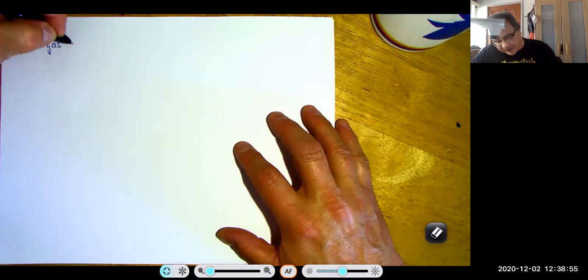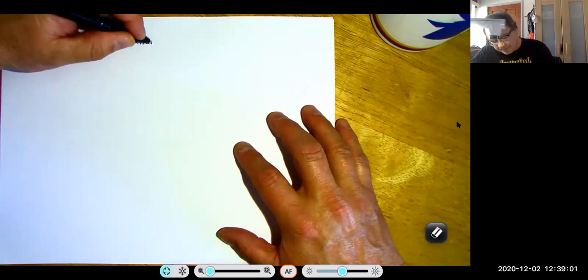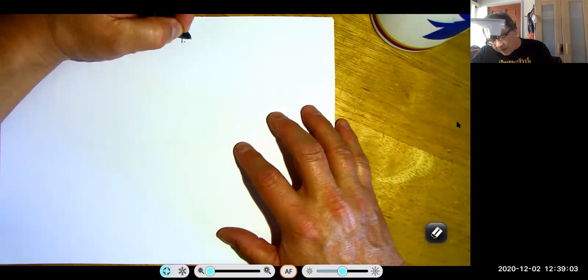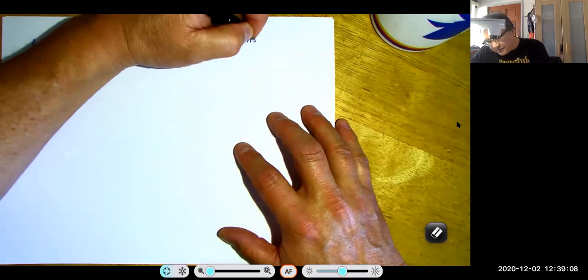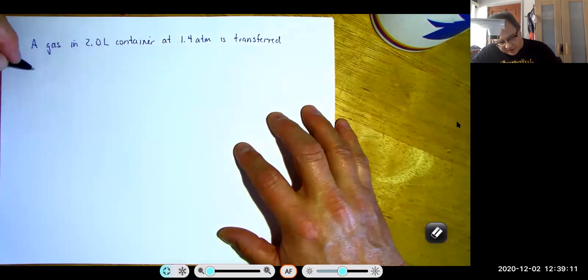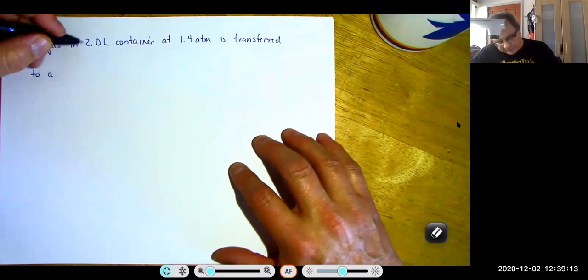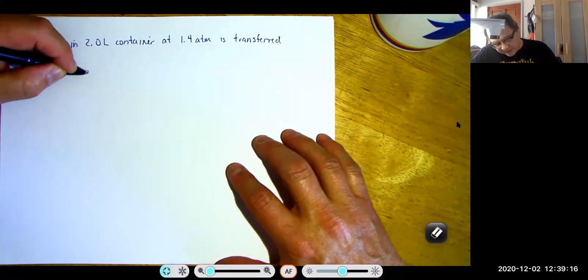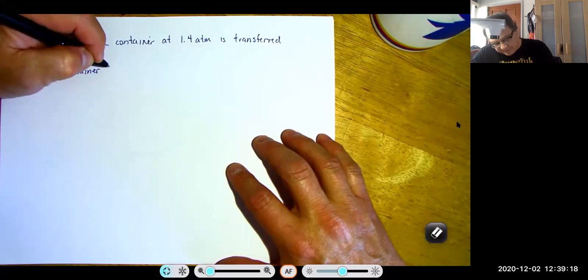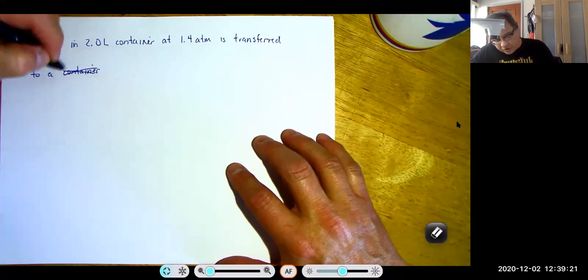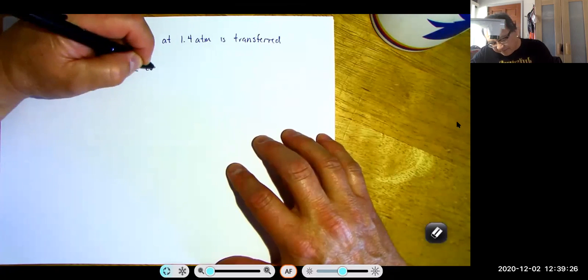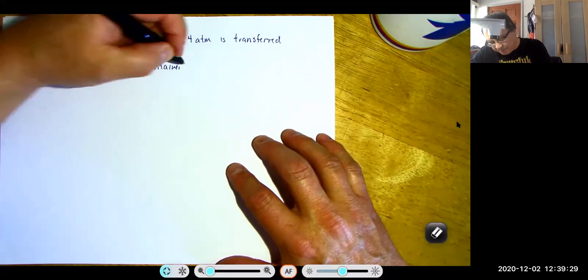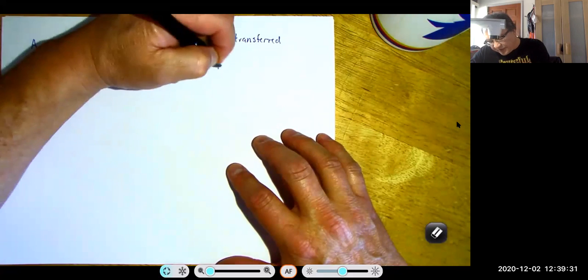A gas in a 2.0 liter container at 1.4 ATM is transferred to a, let's make it a 0.50 liter container. What is the pressure?